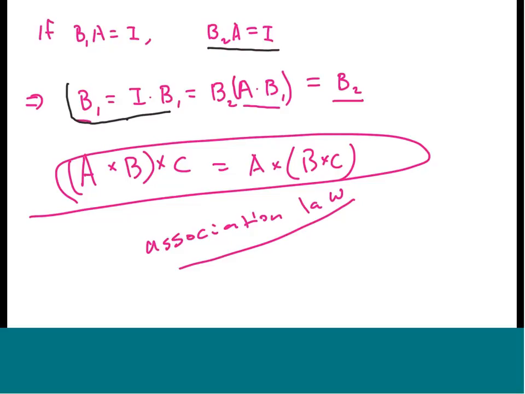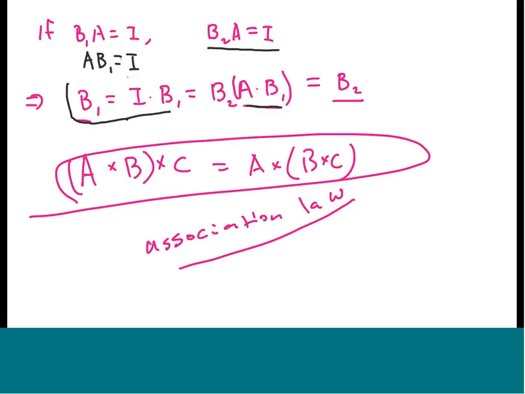Then you get B2 times A times B1. A times B1, we already proved, is I. Then you get B2.